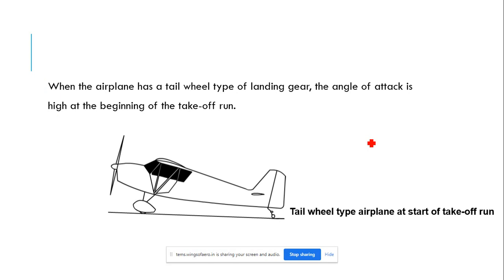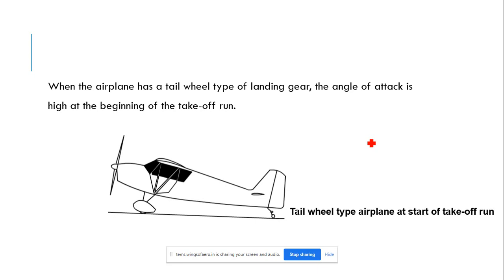And also one more thing, in Cessna type aircraft and olden days aircraft, the landing gear will have a main landing gear and a tail landing gear. Some aircraft have a tail landing gear, some have a nose landing gear. With a tail landing gear, the aircraft is initially in an inclined position.